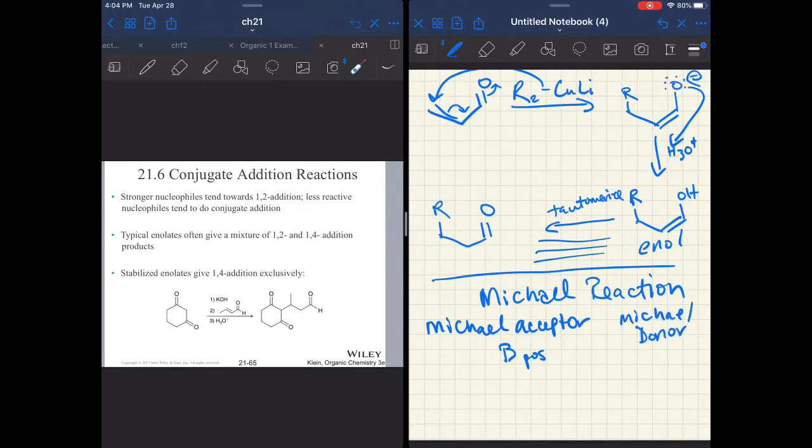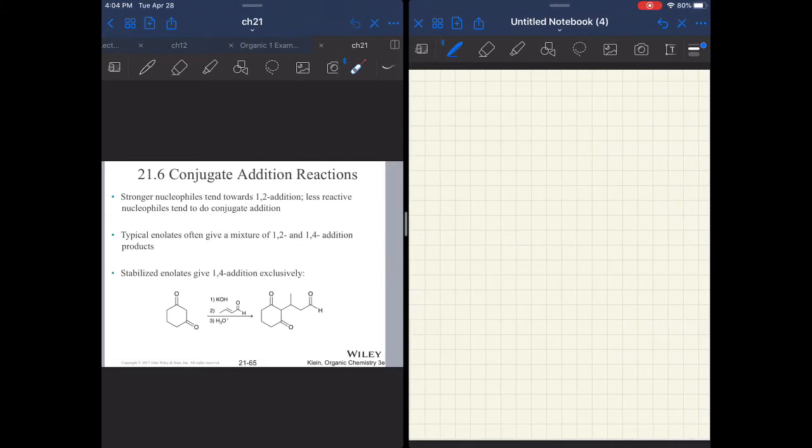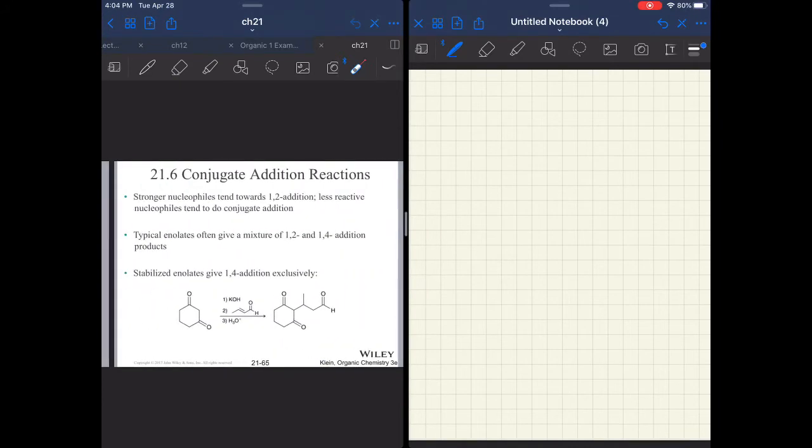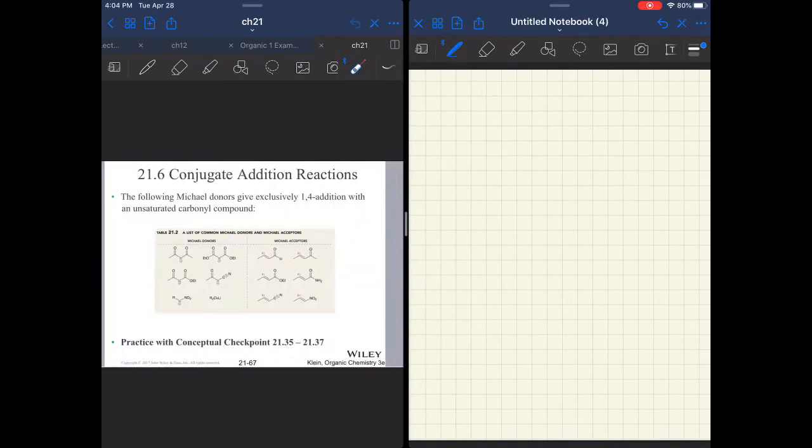So that's your nucleophile. And certain chemicals, certain functional groups will fall into these categories. I want to make the list and then we'll go back.